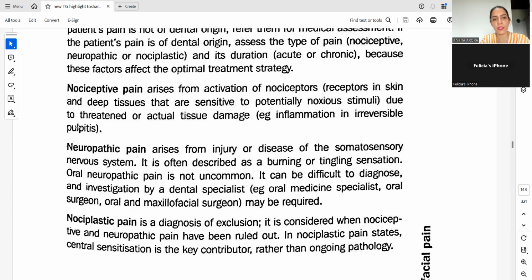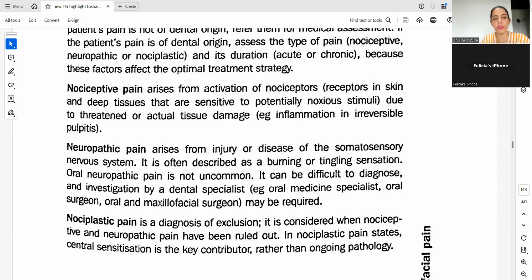So we have this actual irreversible pulpitis. They are receptors on the skin, mucous membrane, deep tissues, potentially exposed to noxious stimuli. And this inflammation pain is all nociceptive pain.